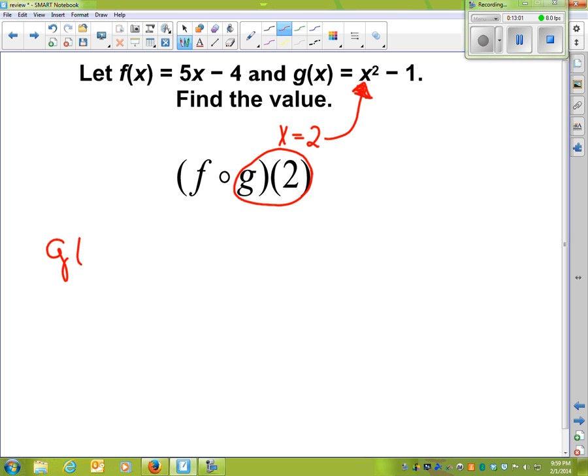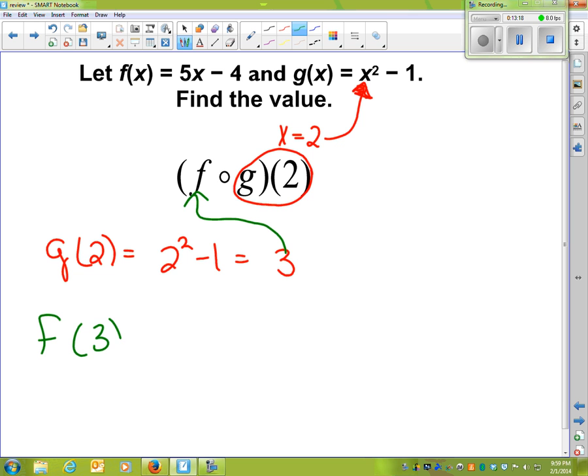So working on g of 2, I get 2 squared minus 1, 4 minus 1, which is 3. I then move that 3 into my f function. That means in the f function, x is equal to 3. So I have 5 times 3 minus 4. 15 minus 4 is 11. And my final answer is 11.